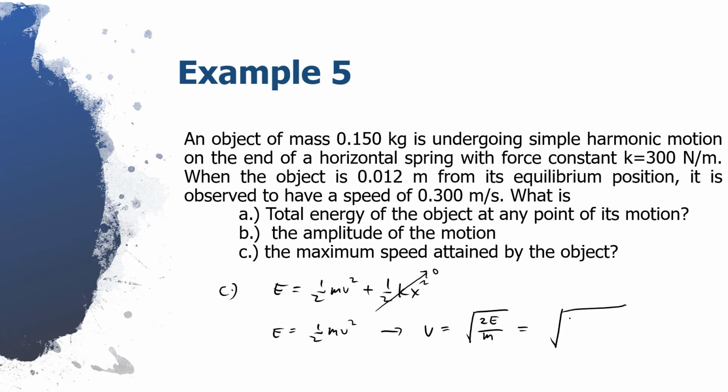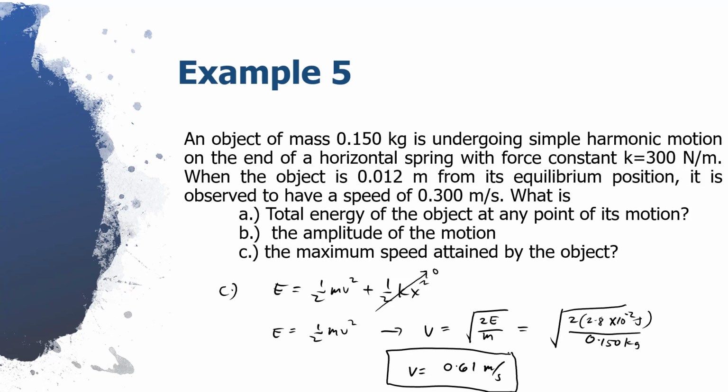And we know E is 2.8 times 10 to the minus 2 joules over mass, which is 0.150 kilograms. So the maximum speed attained by the object is equal to 0.61 meters per second. So this will be the maximum speed attained by the object.